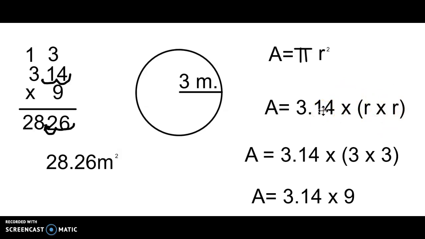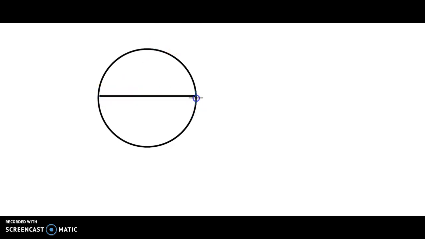Let me give you one more scenario. What if I gave you a circle, such as this one, and I told you that the diameter was 6 meters. So what would I have to do first to find the area of this circle?